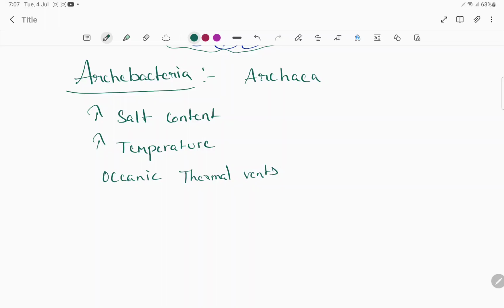The cellular plasma membrane has specialized lipids, and the cell wall is made up of proteins and non-cellulosic polysaccharides, which can withstand high stress.